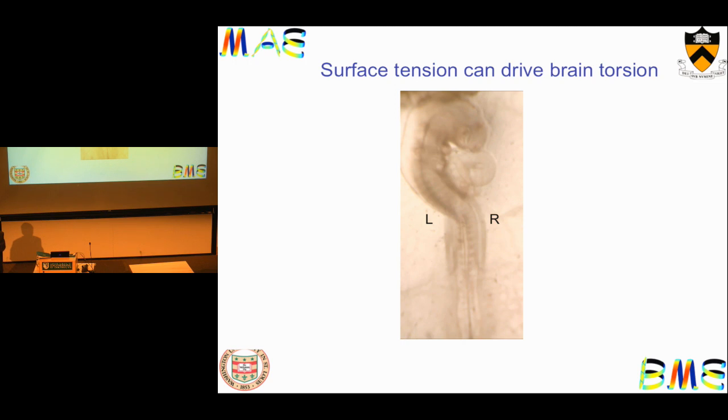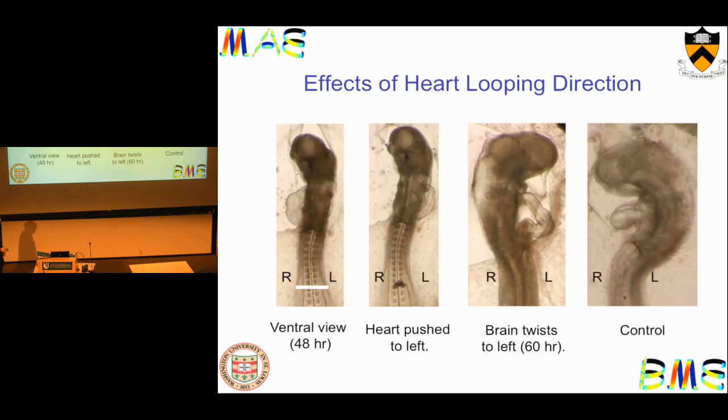Right, yeah. And for our second hypothesis, since we think the direction of the heart looping would affect the direction of brain twisting, we designed experiments in which we push the heart from the right side to the left. This is the ventral view.